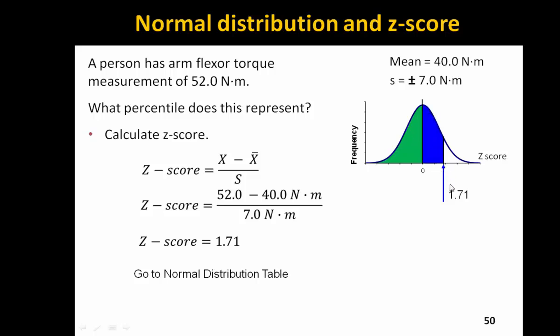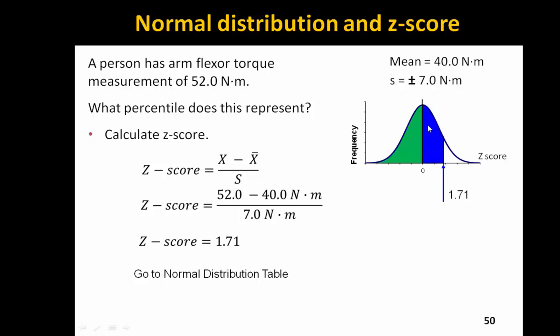So 1.71 sits at this location with respect to all the other scores that were sampled. This person's strength score was better than average, stronger than average. We knew that because we had their raw score and we had the group average. But the question here is, how much better than average was this person's strength score? Well, their strength score existed beyond 1 standard deviation of our sample.